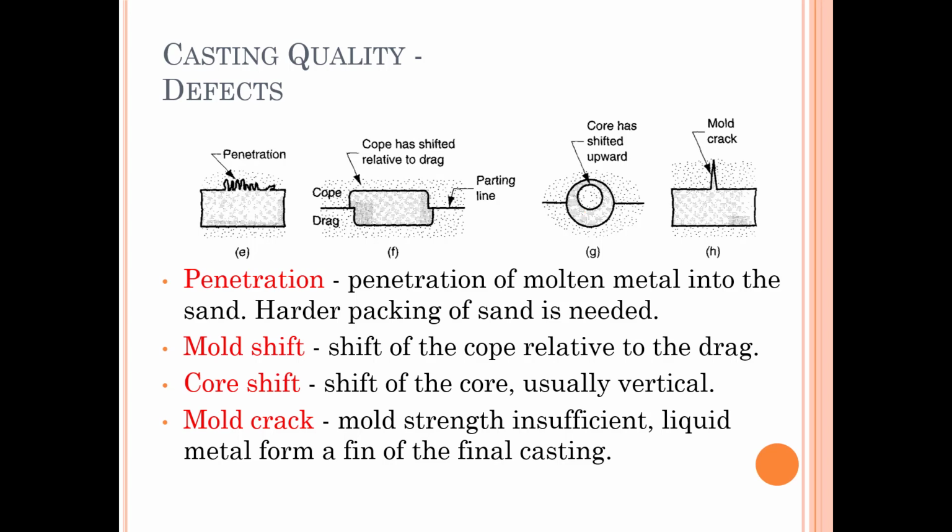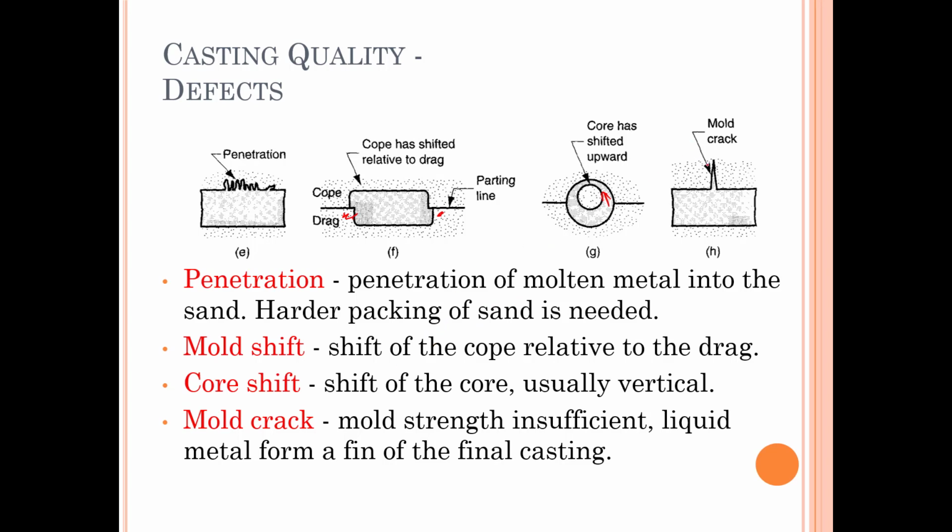Mold shift: shift of the cope relative to the drag. Then core shift. It is not in the center. It is shifted upwards. This eccentricity is the shift of the core, usually vertical.